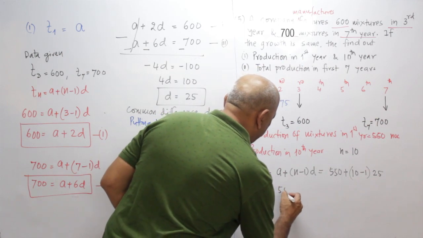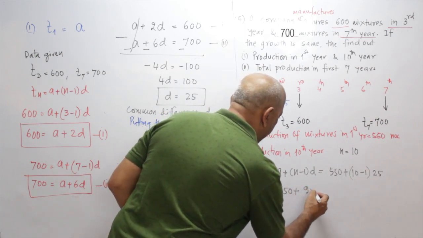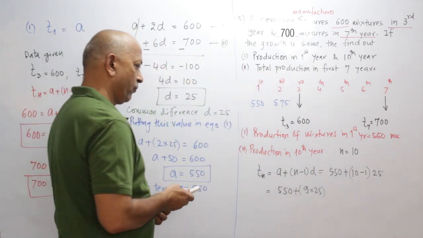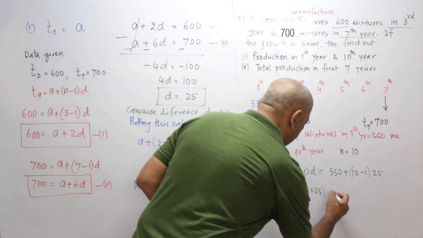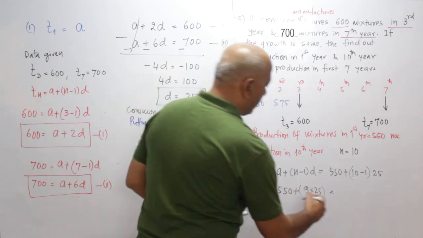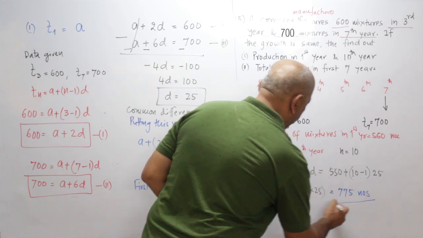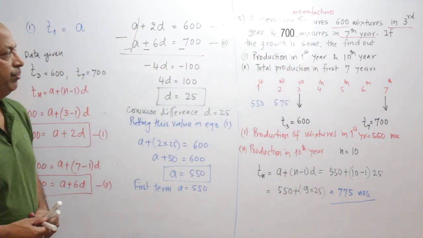So 550 plus 9 into 25. So this is equal to 775 numbers.